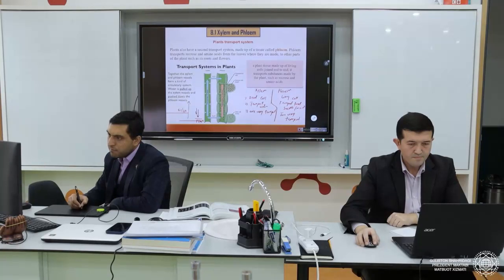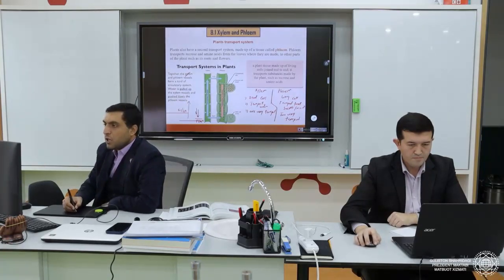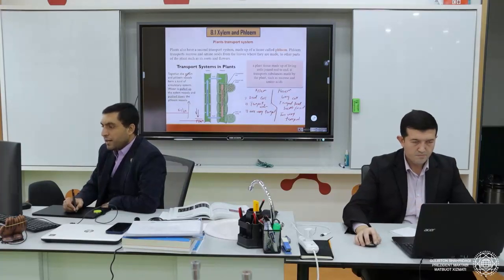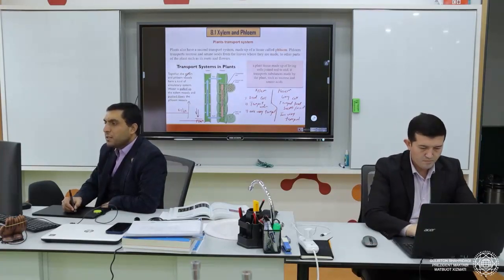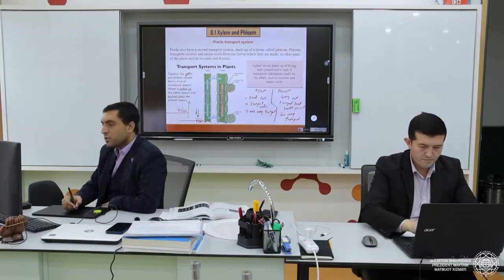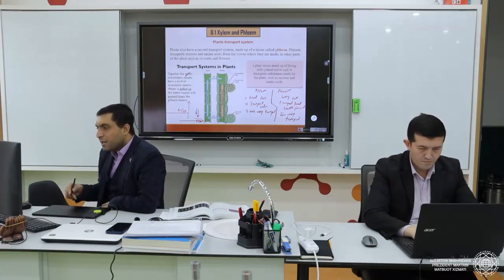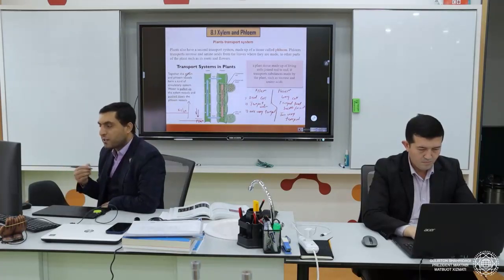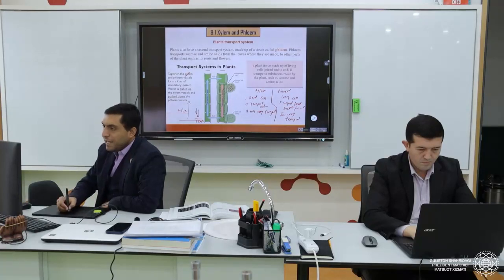Together, xylem and phloem vessels make a circulatory system. You know, humans also have a circulatory system. This is basically a system in plants which transports different substances. So water is pulled up the xylem vessel and pushed down the phloem vessels. So two-way transport in the plants.